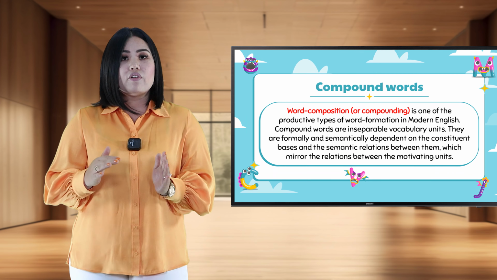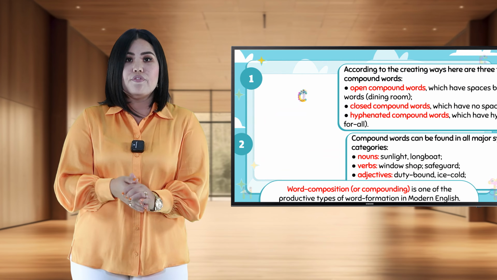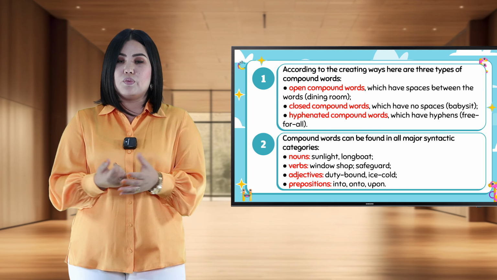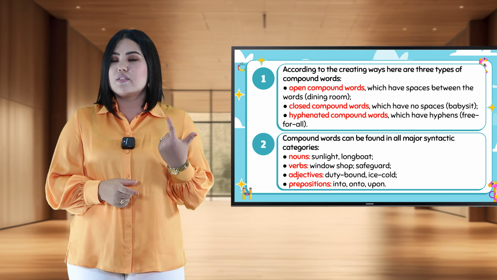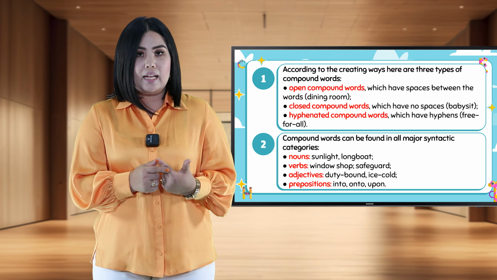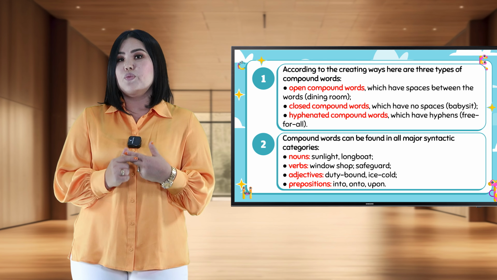According to the grading ways, we have three types of compound words. They are open compound words, closed compound words, and hyphenated compound words. First one, open compound words, spaces between words. For example, ice cream, hot dog.